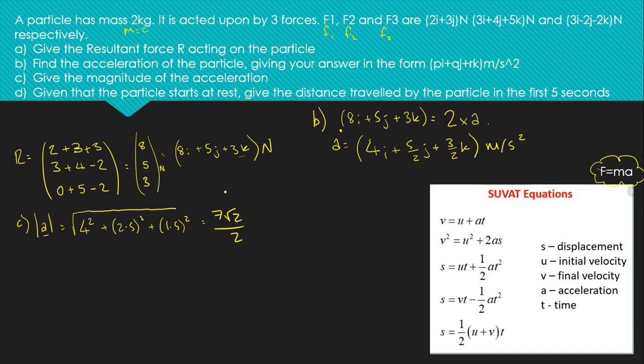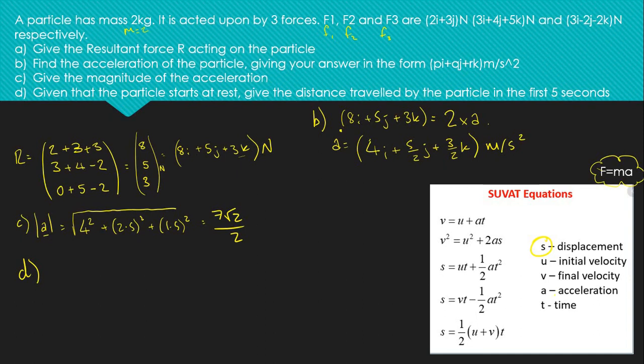Okay, now the next question, it says given that the particle starts at rest, so when t equals 0, the velocity is also equal to 0, so when t equals 0, u equals 0, give the distance travelled by the particle in the first 5 seconds. So the distance travelled is going to be the displacement.